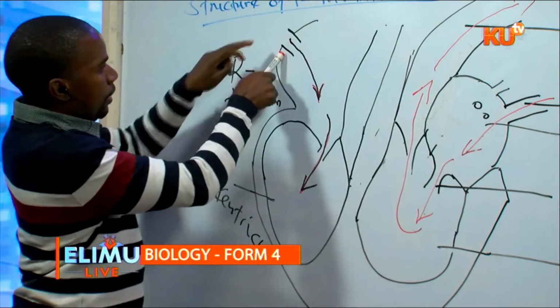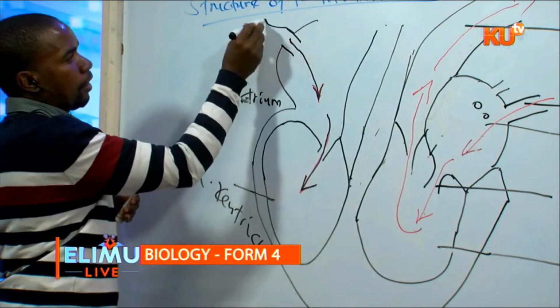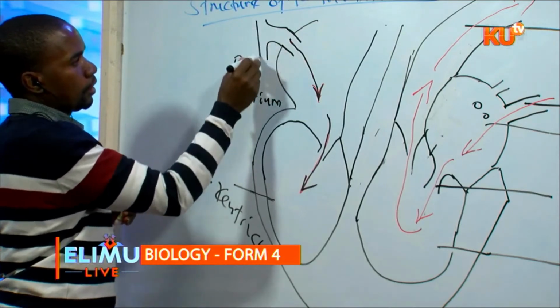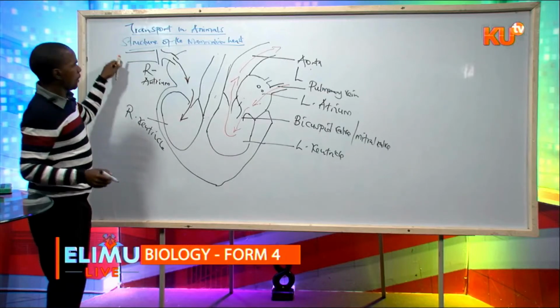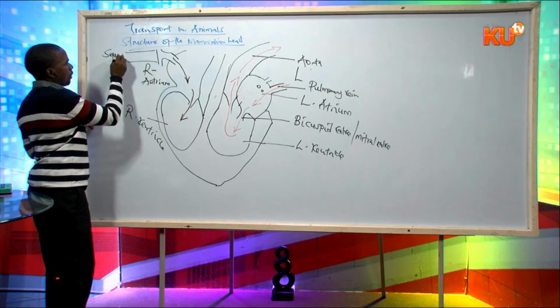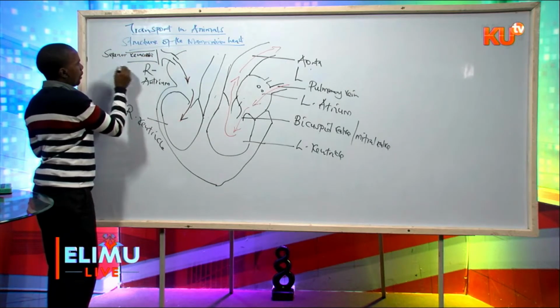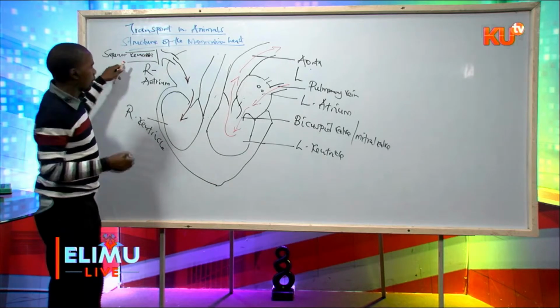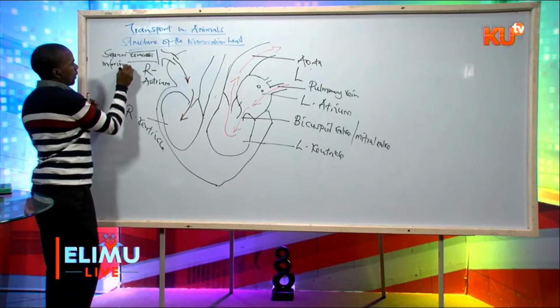So this one here is what we are referring to as the vena cava, and the vena cava branches into two like this. We have the upper one and the lower one. The upper is what we refer to as the superior vena cava, and the lower is the inferior vena cava.